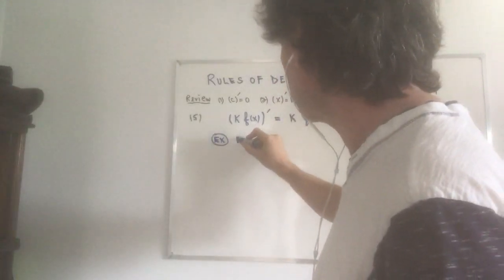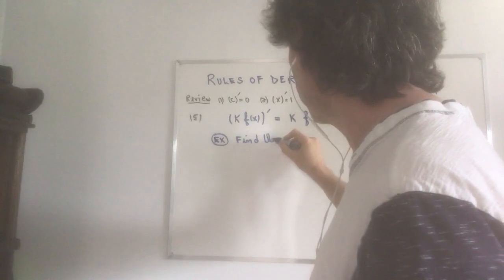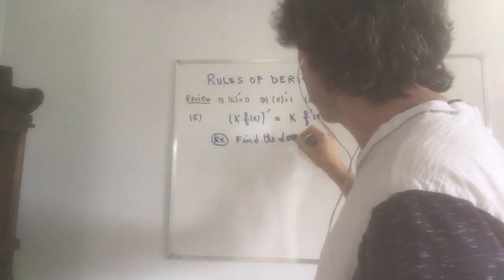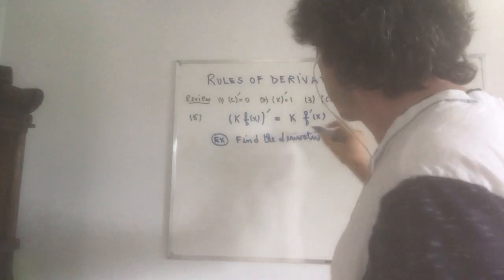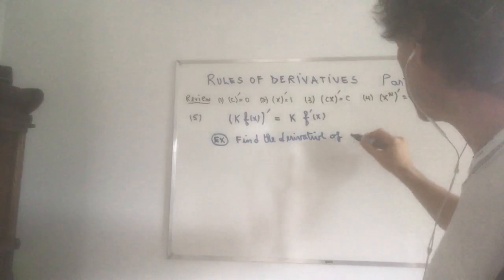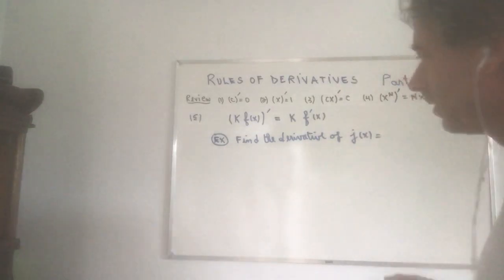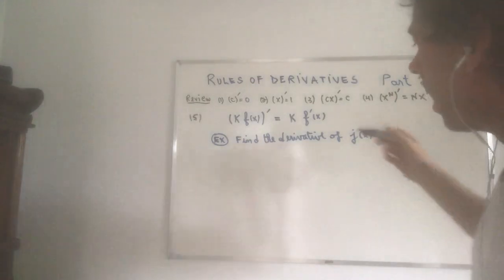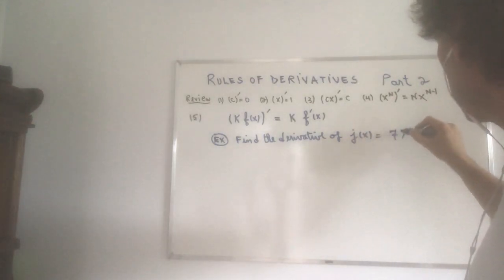Something like: find the derivative of, let's call it j of x. Let's give it another name. You'll see why I'm calling this j of x in a minute. Find the derivative of j of x equals 7x^3.